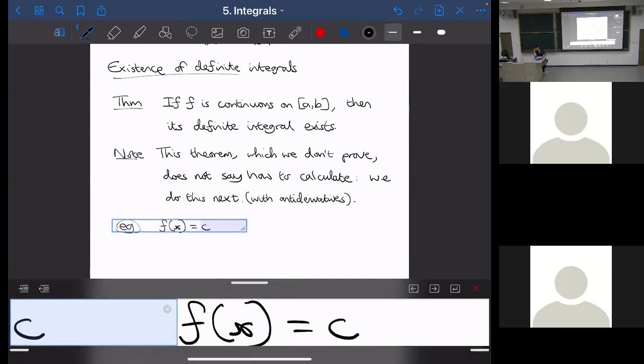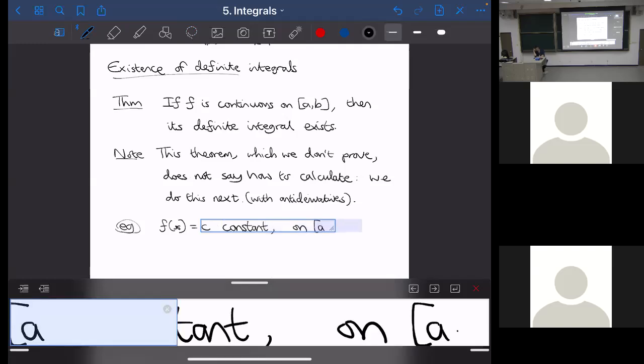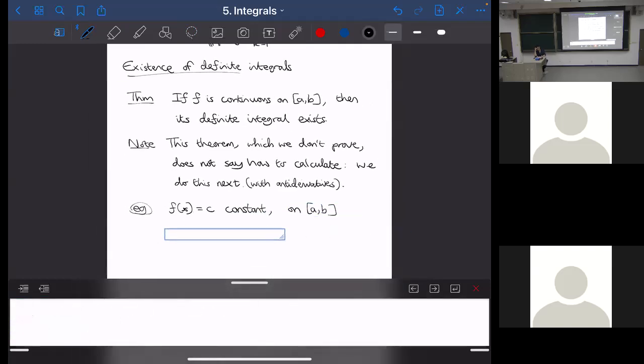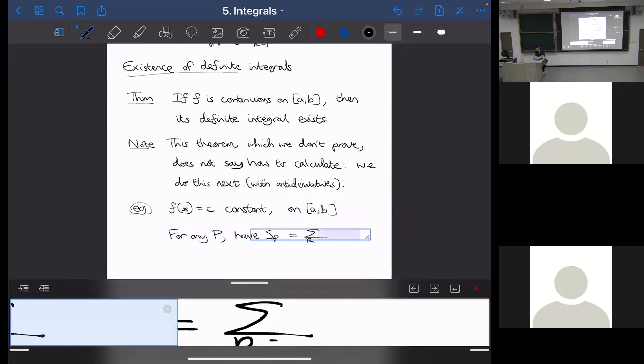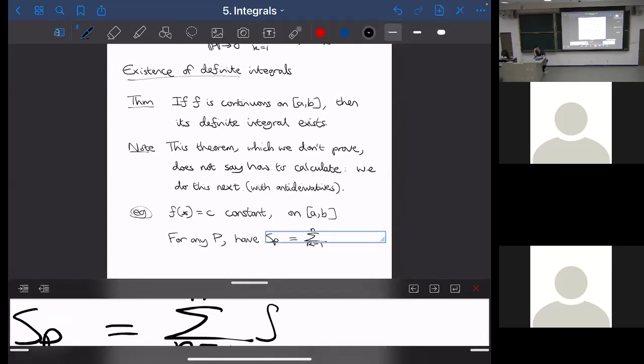f(x) equals c is a constant on the interval [a, b]. Now for any P, we have S_P is by definition the sum over all the subintervals of f(c_k).